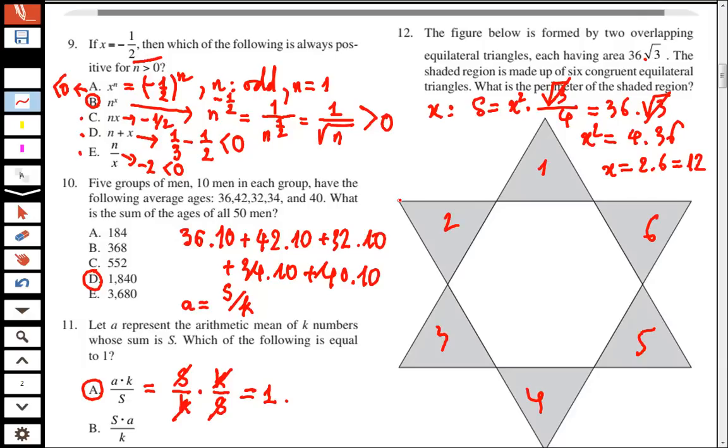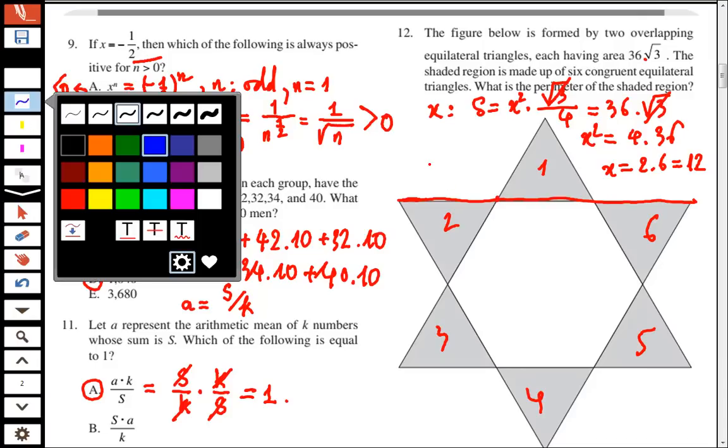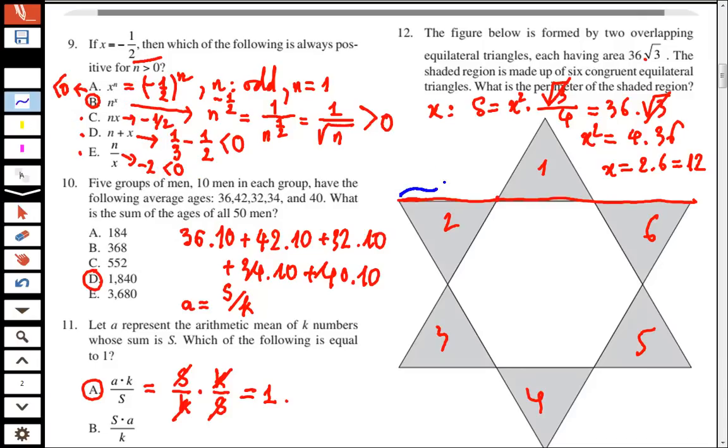The side of the big triangle equals 3 times the length of each side of the small triangle.